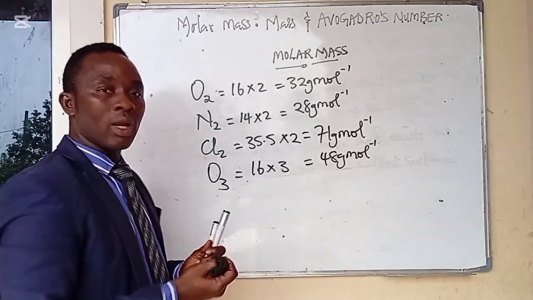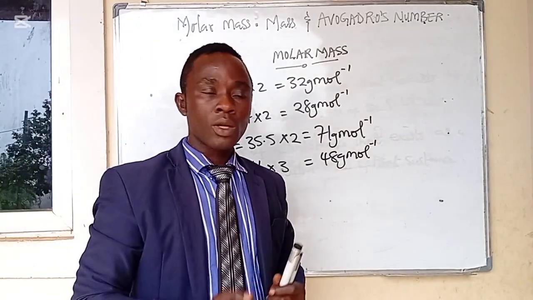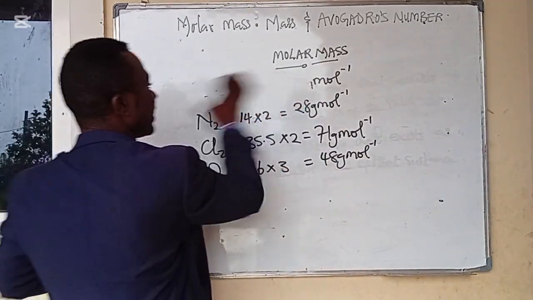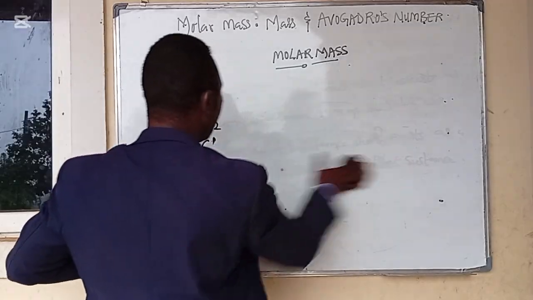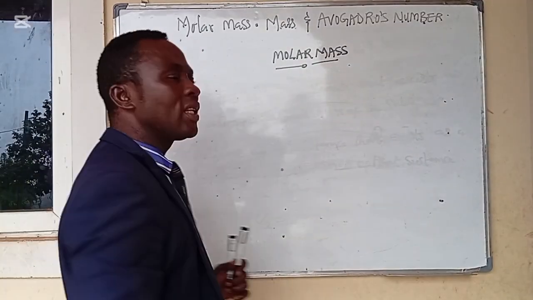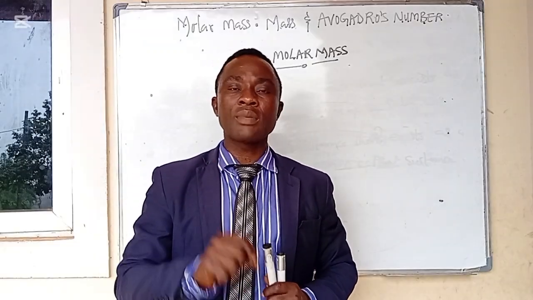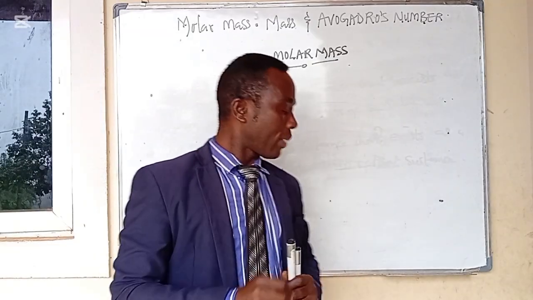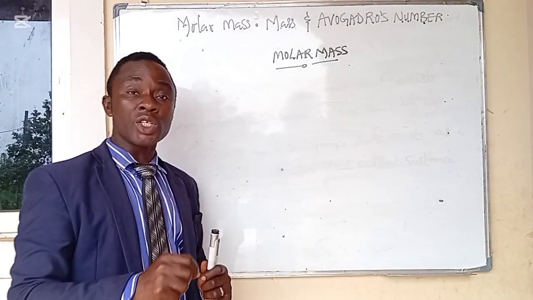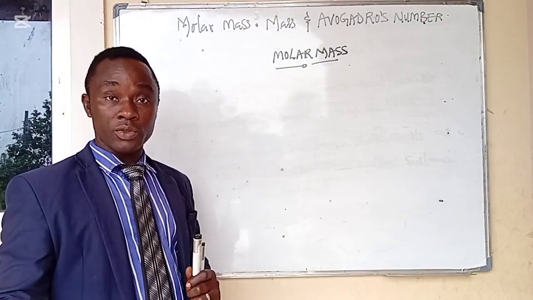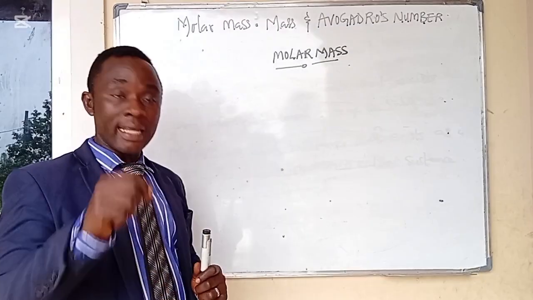Now, how do we get the molar mass of compounds? The molar mass of a compound will be the summation of the molar masses of the atoms that make up the compound.